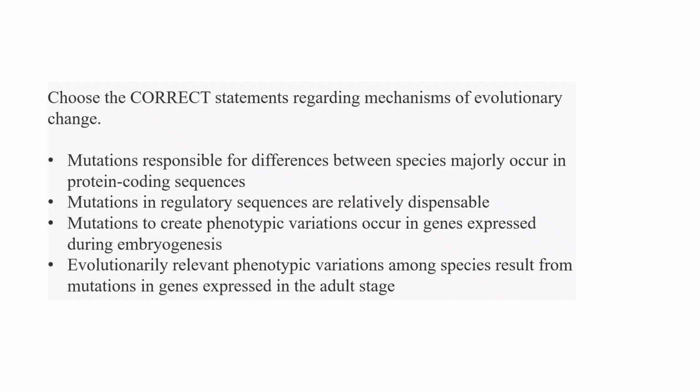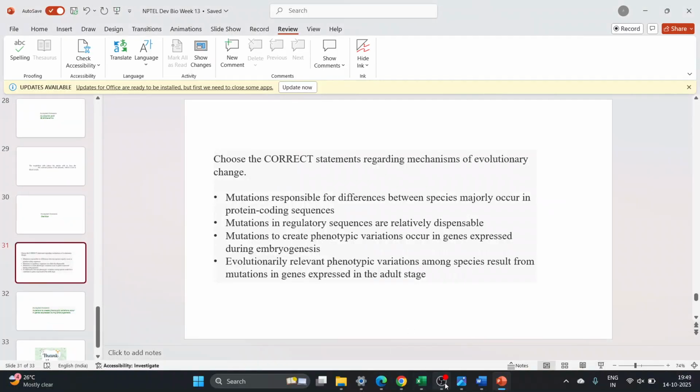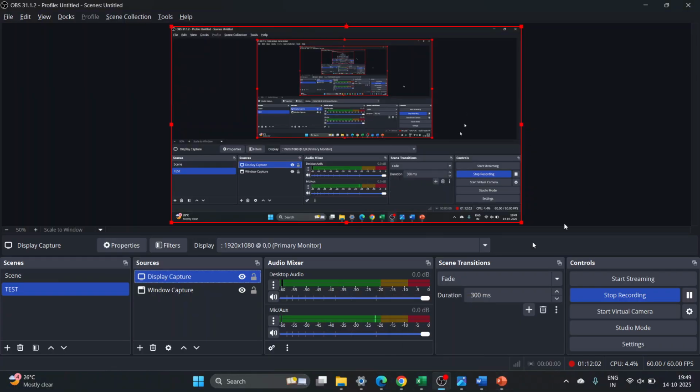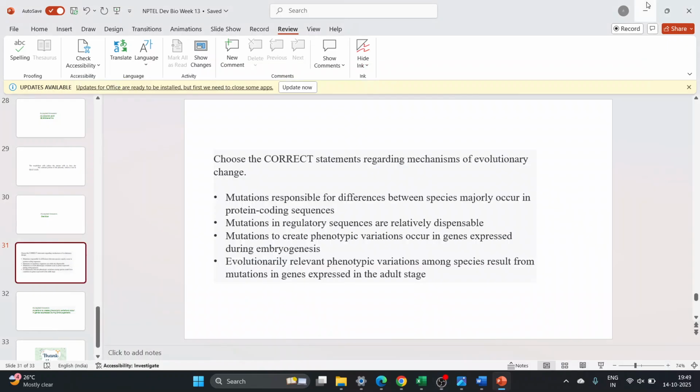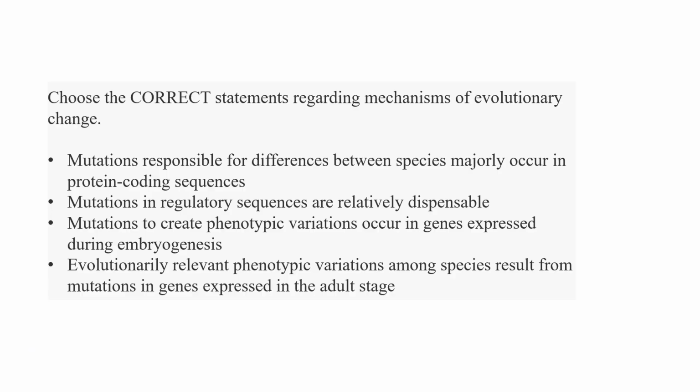And evolutionary relevant phenotypic variations among species result from mutations in genes expressed in the adult stage. Think of this question. I'll give you 3 minutes to answer this question.